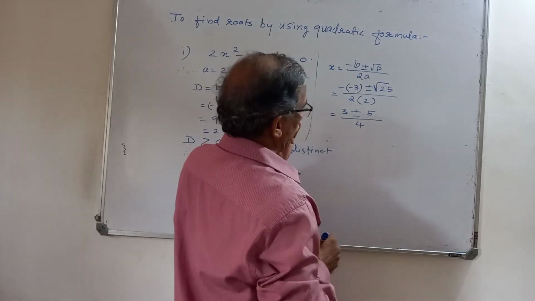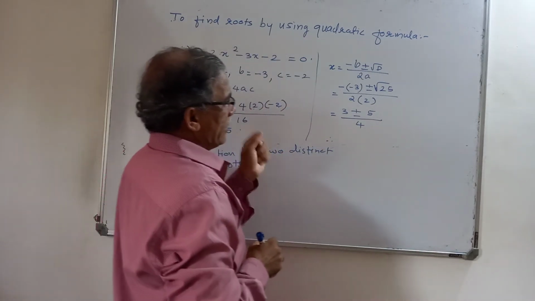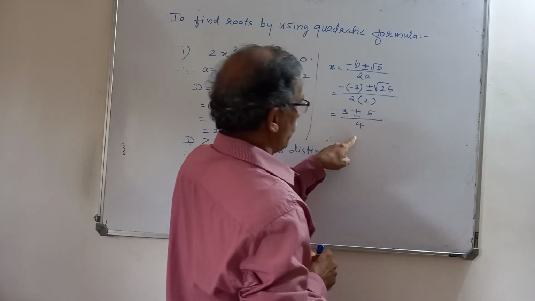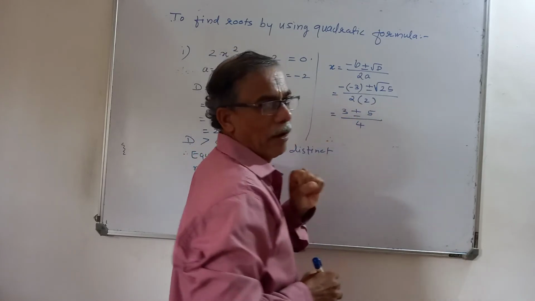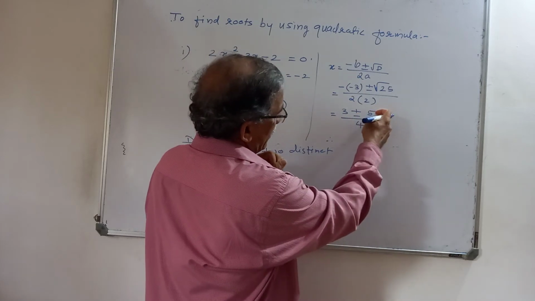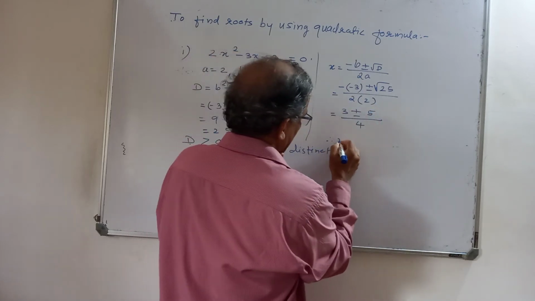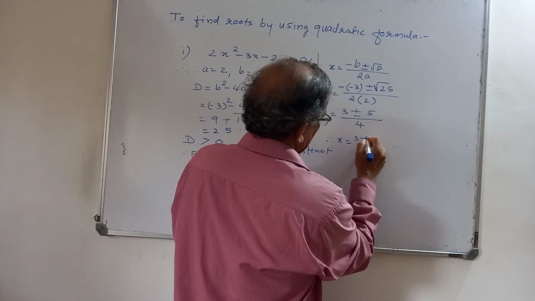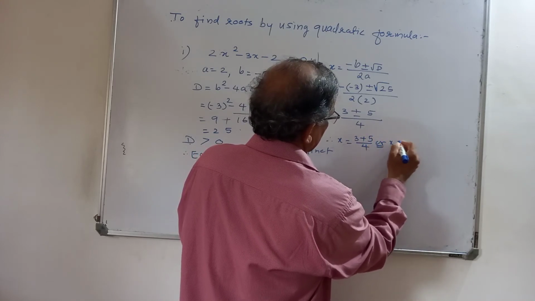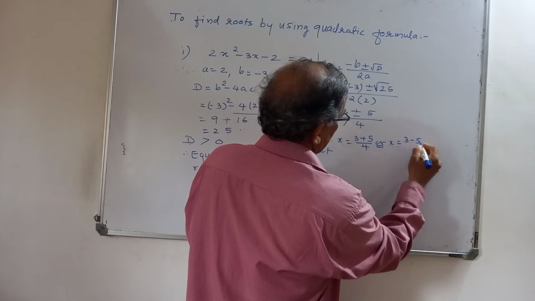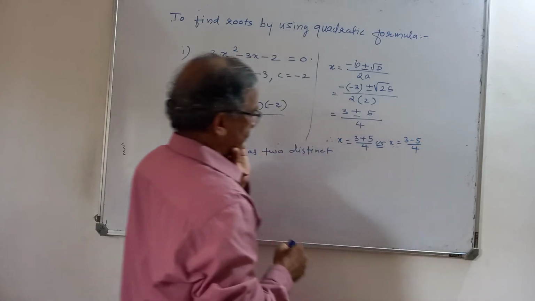Therefore, x is equal to 3 plus 5 upon 4 or x is equal to 3 minus 5 upon 4. One time you have to add the 5, one time subtract.